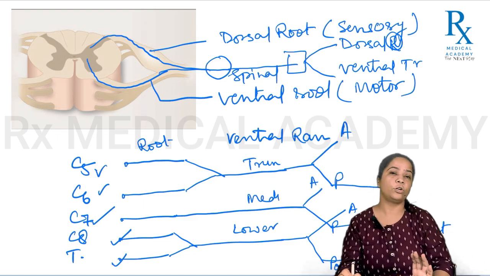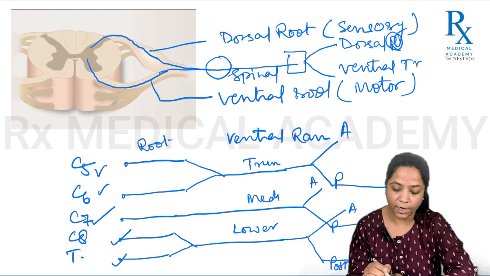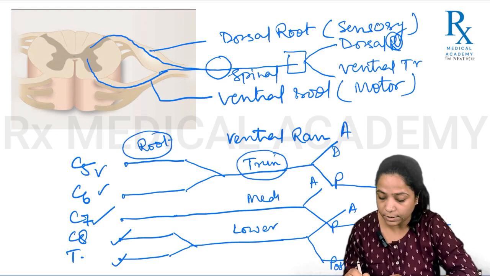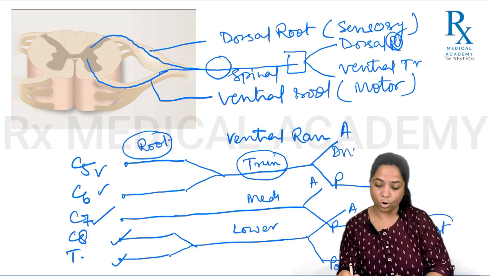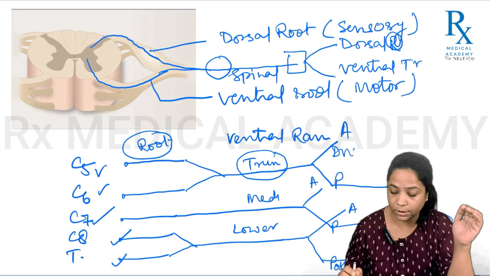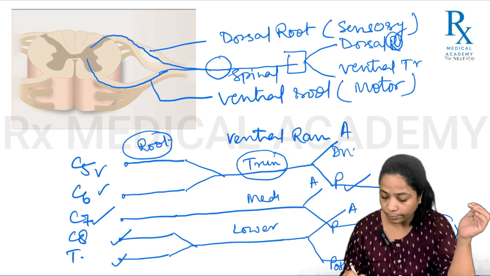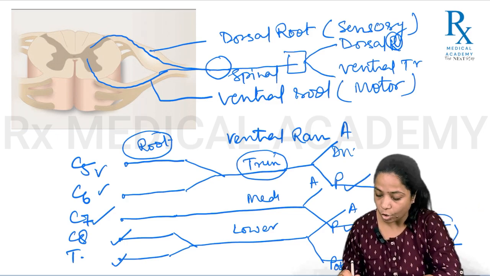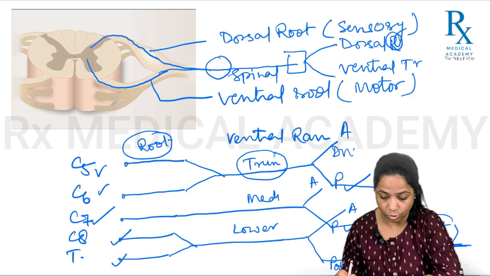Now, the next component of the brachial plexus is the cord. We have seen the root, the trunk, the divisions, and now this is the cord. The posterior divisions of the upper trunk, middle trunk and lower trunk combinedly form a cord which is known as the posterior cord.